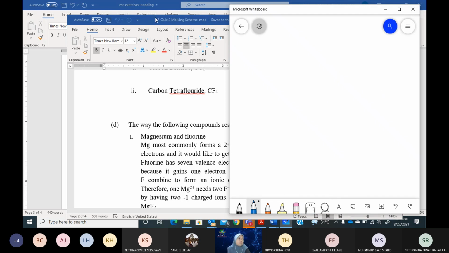Okay. So we have magnesium with fluorine. Magnesium is 12. Fluorine 9, right, just now? So from the 12, it becomes 2,8,2.